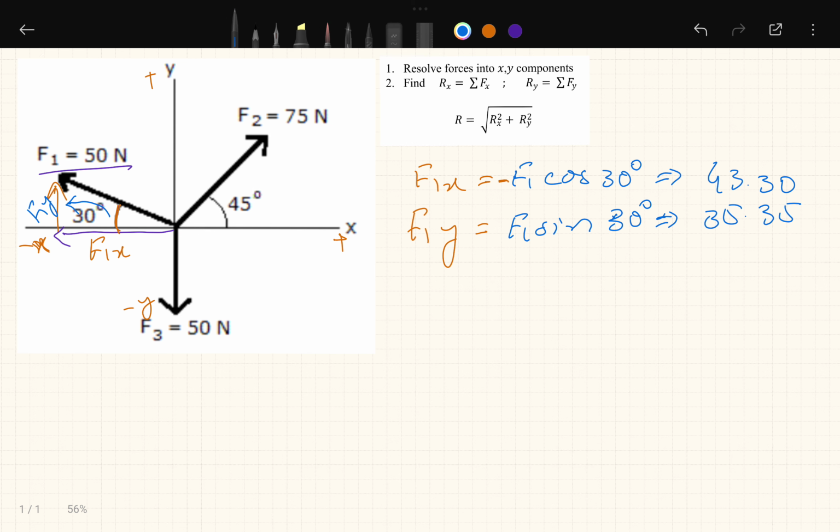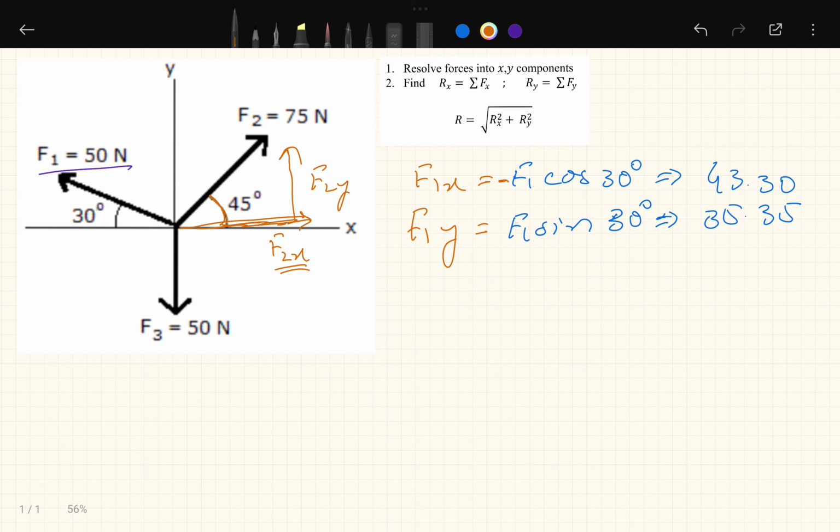Let's go on and create the components for the second force, F2. F2 again has two components, an x component and a y component. So this can be F2x and this is F2y, and the angle is adjacent to the x component, so to calculate the x component we use cos theta.